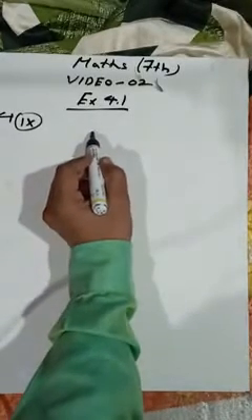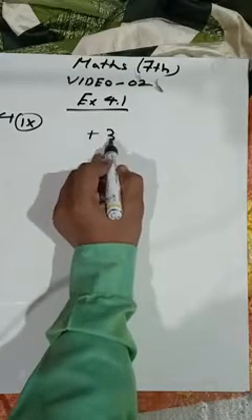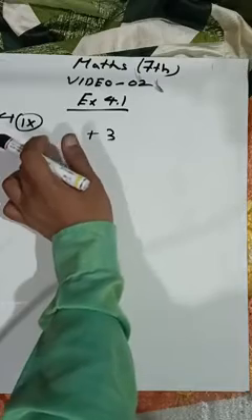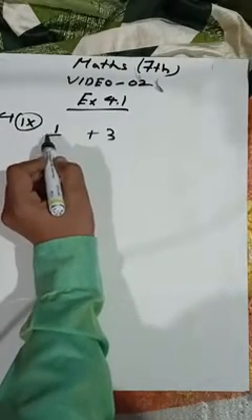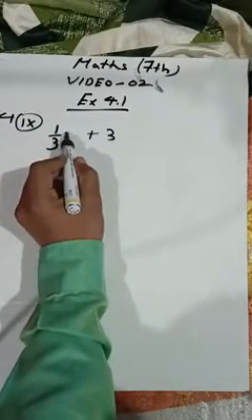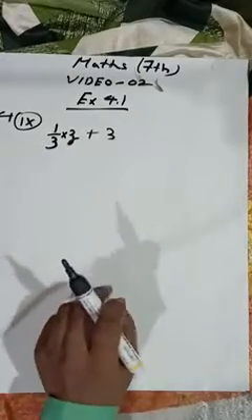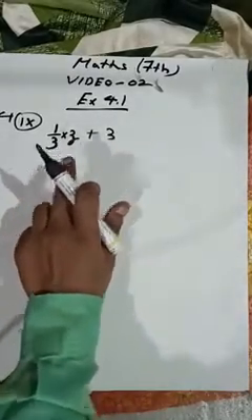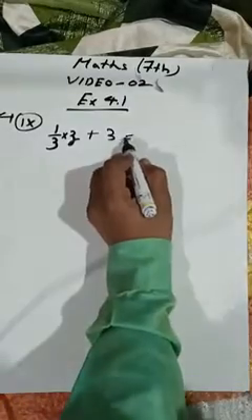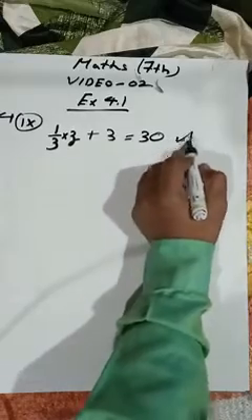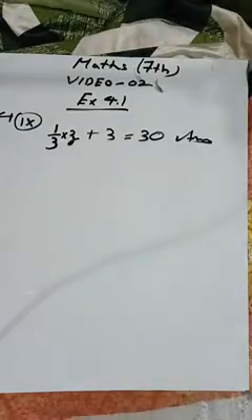Now listen, I have to add 3 on some number here, and that number is 1/3 of z. 1/3 of z means 1/3 multiplied by z. So 3 is added on 1/3 of z, you get 30. So this is the answer for the fourth question, ninth part.